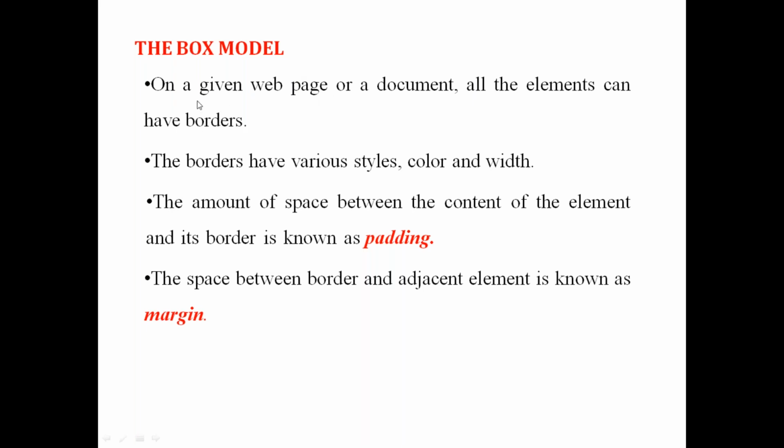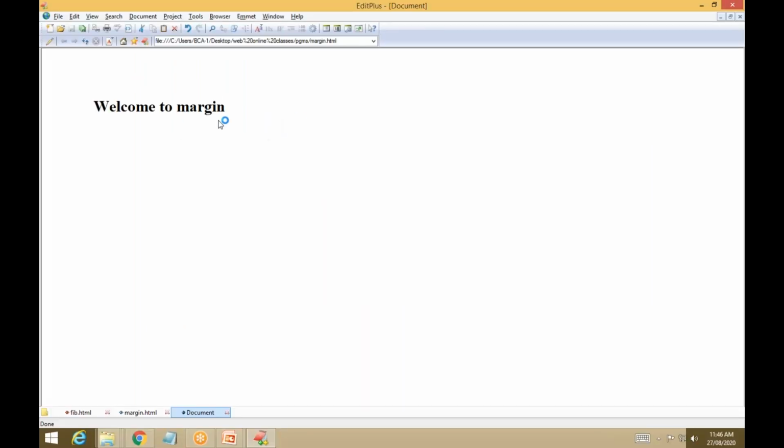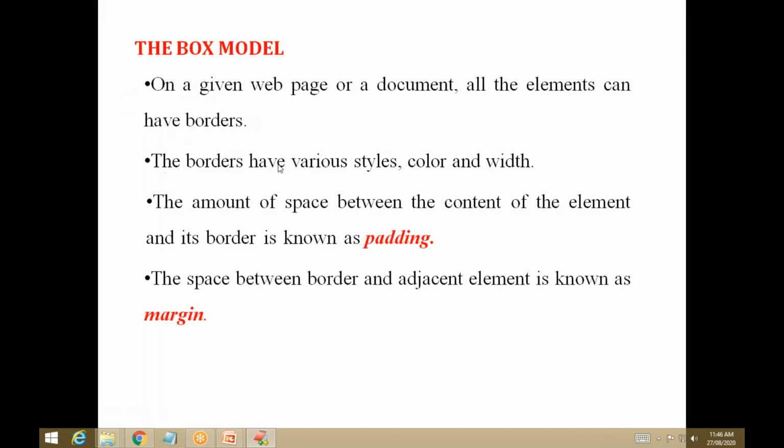So every element has borders, but you cannot see them. You write the borders using a CSS property, then only you can see the borders. The default is none. The borders have various styles, colors, and widths.